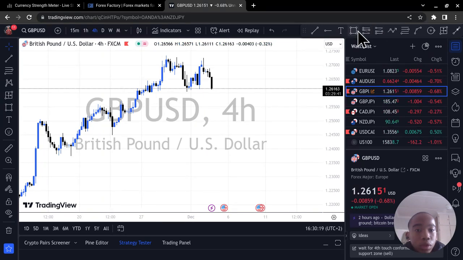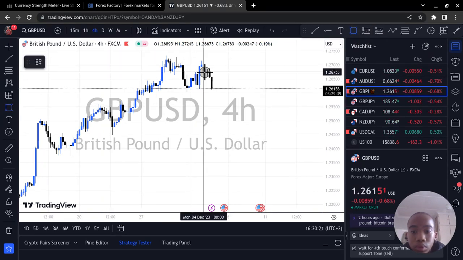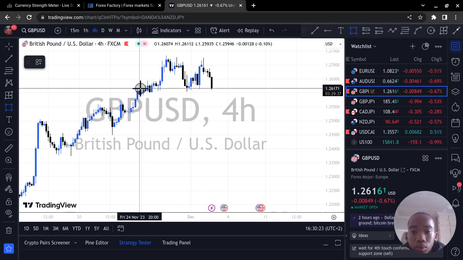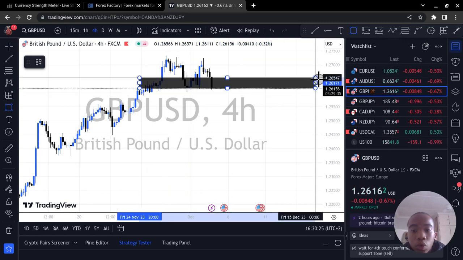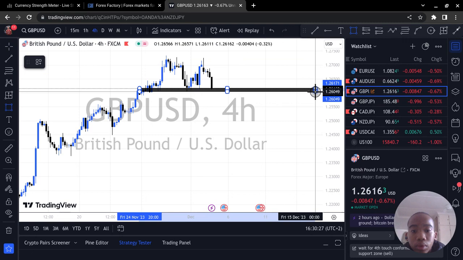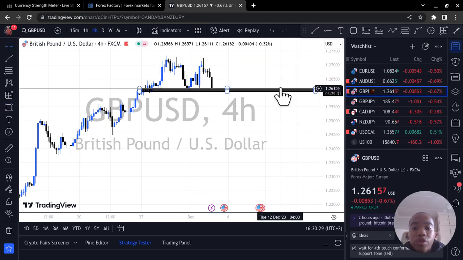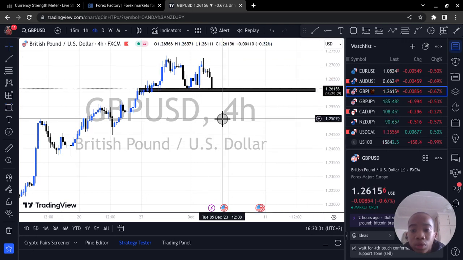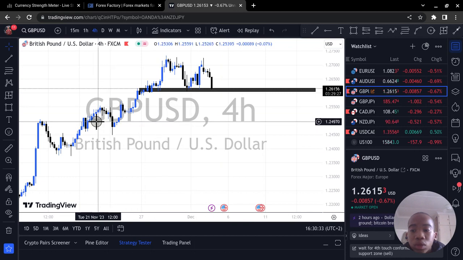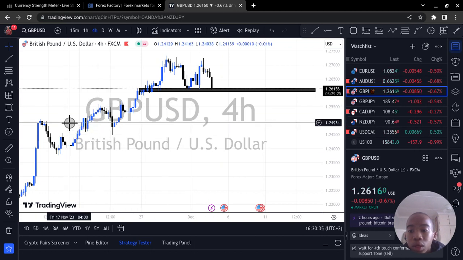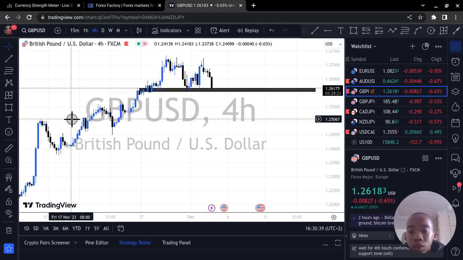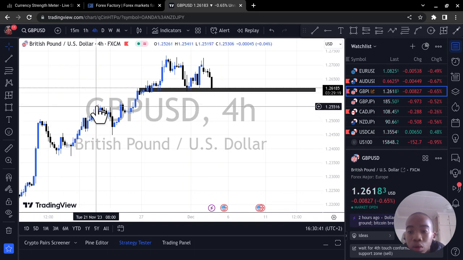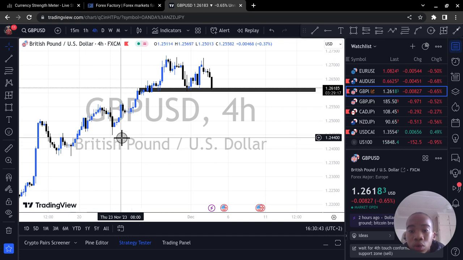But let me just show you. We could say that, if I would be more biased to sells, right? Obviously there's a lot of liquidity sitting at places like this right here, as a retest zone, or here, or here at the lows, right?